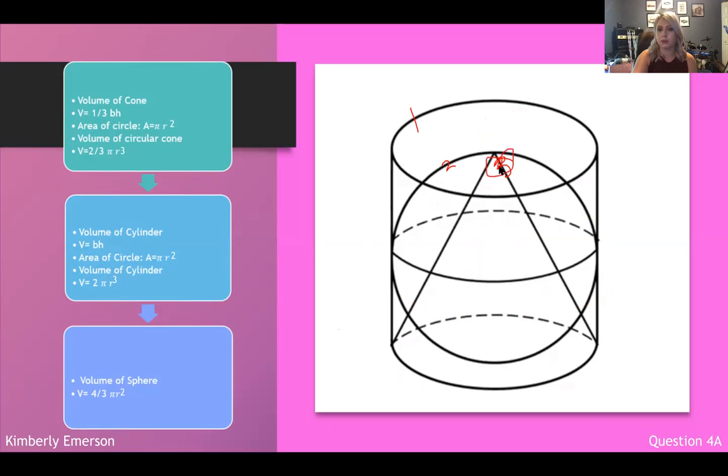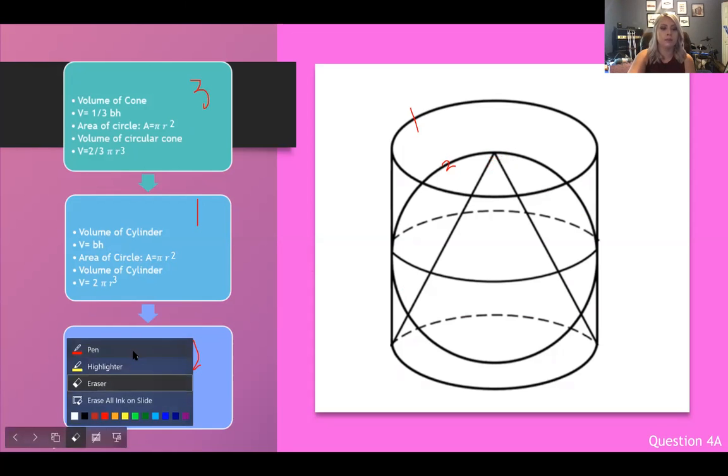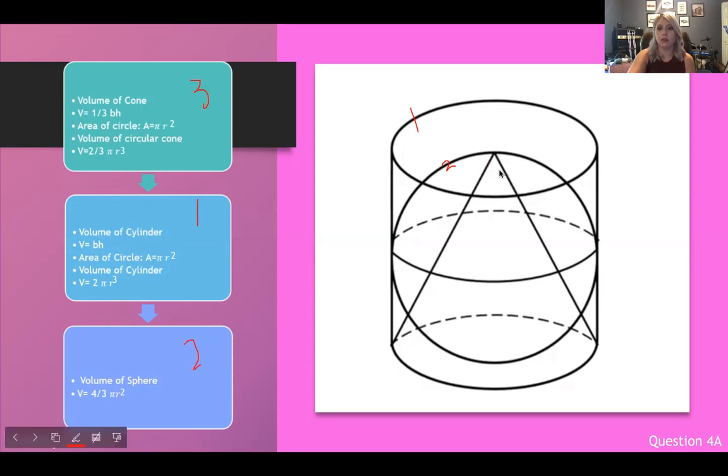So we did the third image, so I'm going to mark that out. So the volume of the cylinder, which is number 1, I'm going to write that on here. That way we could see which one I'm talking about when I'm talking about it. I'm going to rewrite that 3 for you. We already did the cone. Now talking about the cylinder, that's number 1.